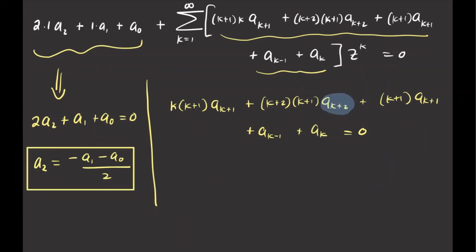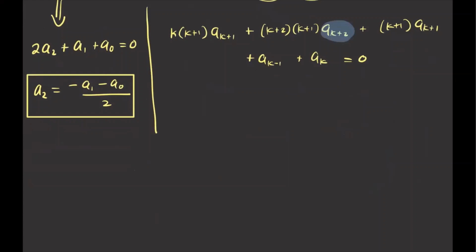Now, let's get the recursion formula. So if I were to solve for a sub k plus 2, I subtract everything. So you will have k plus 2 times k plus 1 times a sub k plus 2 is equal to minus all of these terms. So you'll have minus k times k plus 1, a sub k plus 1.